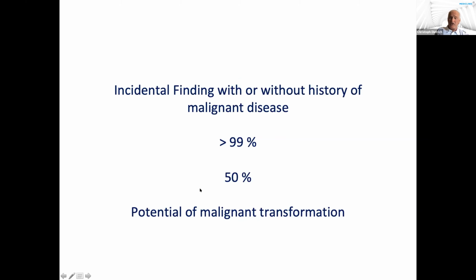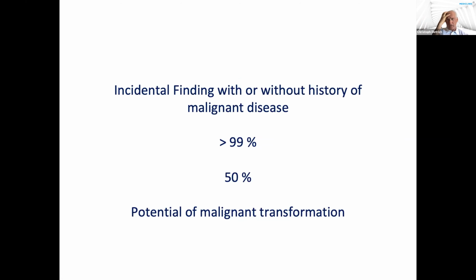And if a patient has a malignant disease in the past medical history, then if you find an incidental focal liver lesion, the probability is about 50% to be benign or malignant.